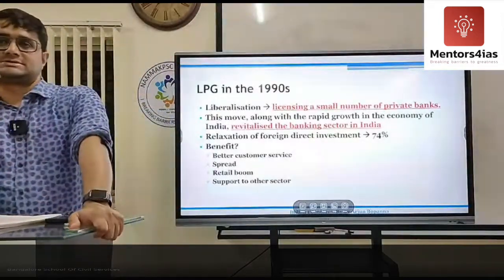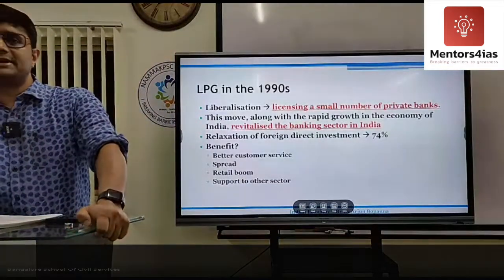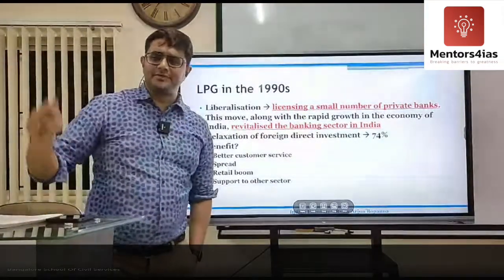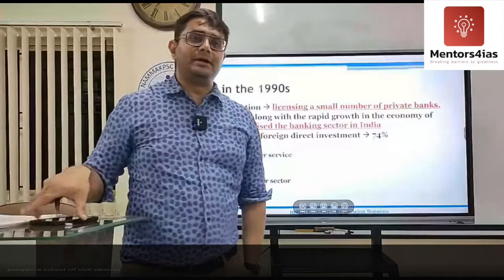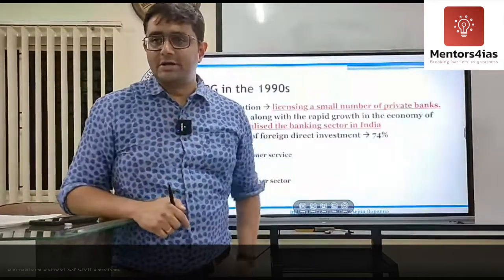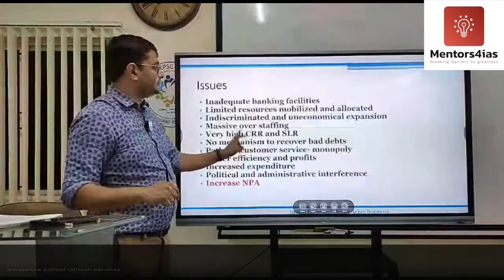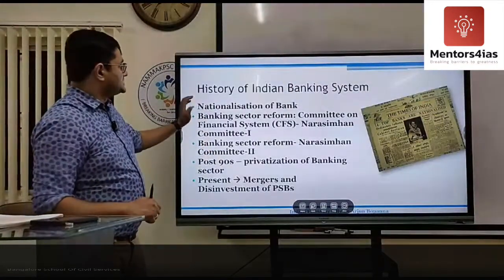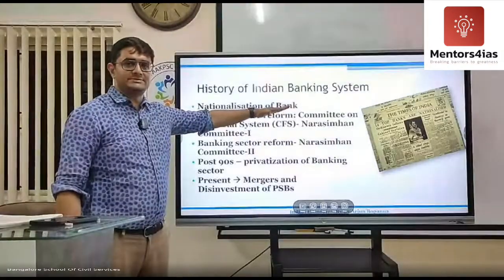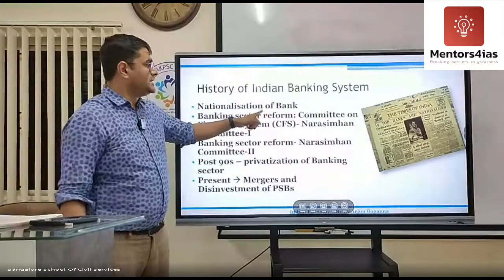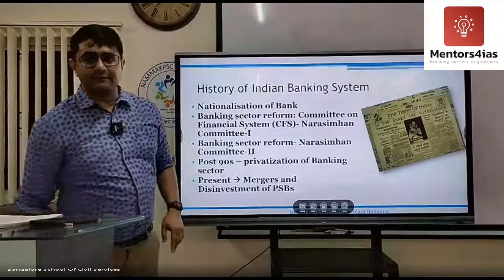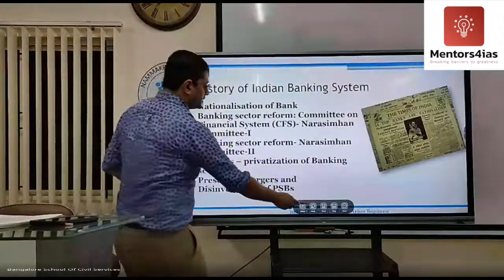Before this, there are two committees which were set up, one after the other. The Narasimhan committee made recommendations, so that is important. In the history of banking, nationalization of banks, and banking sector reforms, there are two committees.